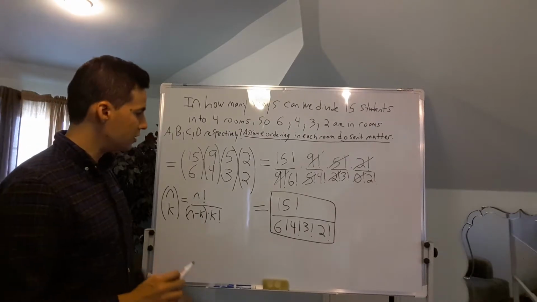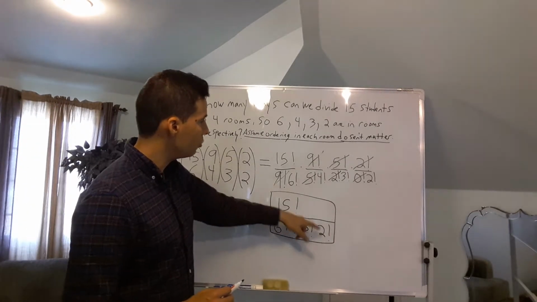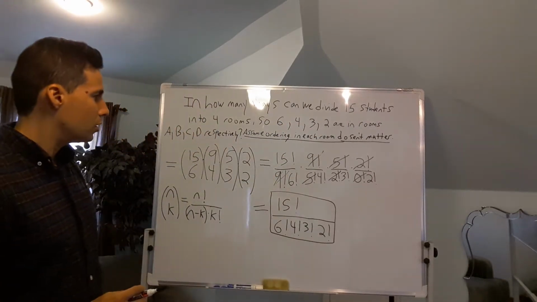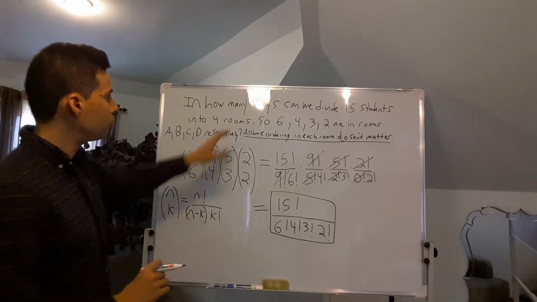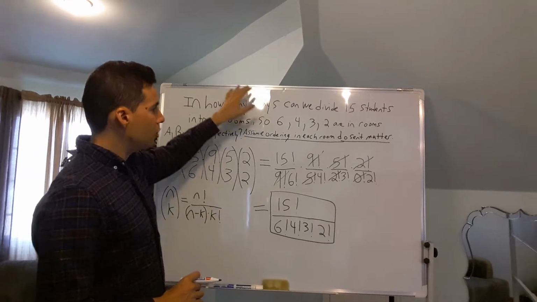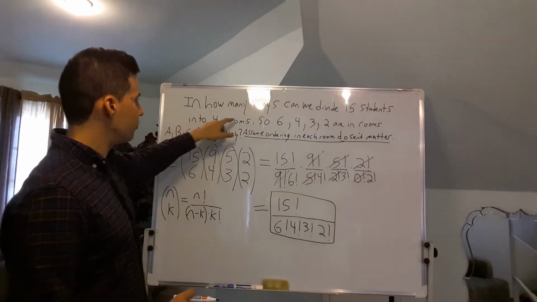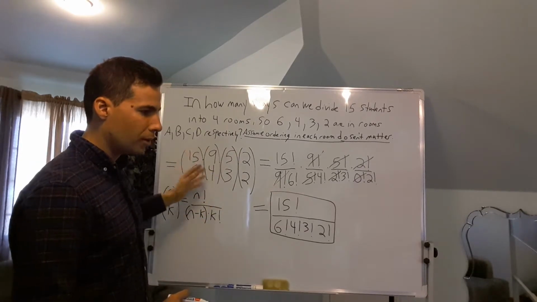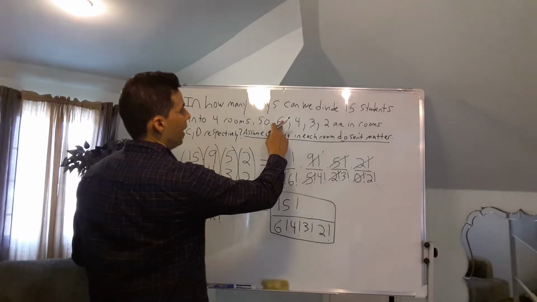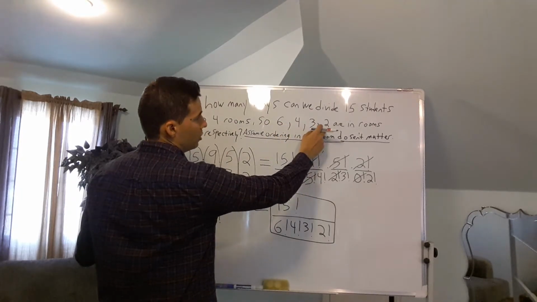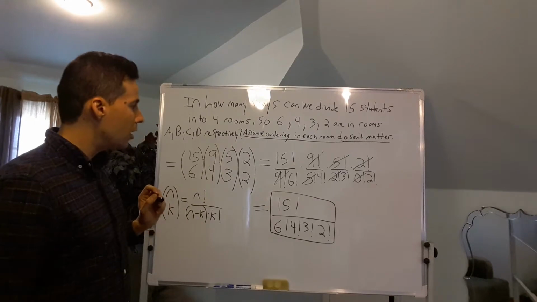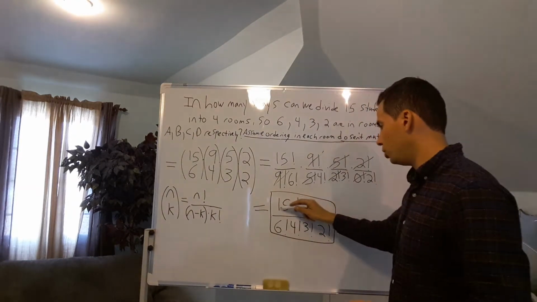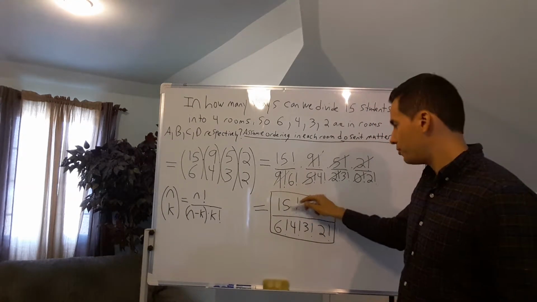Now, if you notice, look at the denominator. These 6, 4, 3, and 2, these are the same exact numbers we had there. These add up to 15. So what this problem is trying to say is that when you have a certain number of students and you want to divide them into 4 different groups, where one group is going to have 6, and the others 4, 3, and 2, the number of ways that this could happen is: the numerator will be the total number of people that you're starting with, factorial.